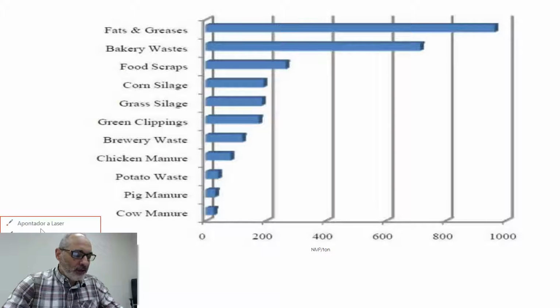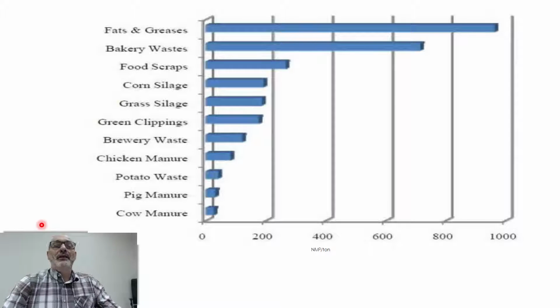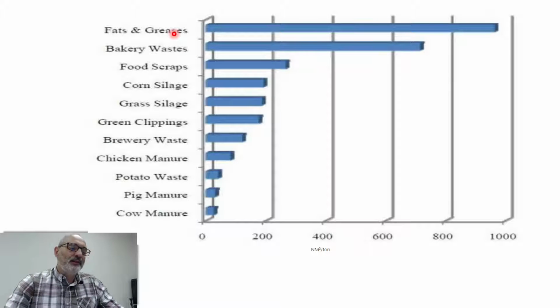What changes actually is the feedstock. Now, this graph shows the amount of natural gas or biogas that you obtain from 1 ton of feedstock. You see, for instance, that cow manure, pig manure, and chicken manure are very bad feedstock for natural gas production.